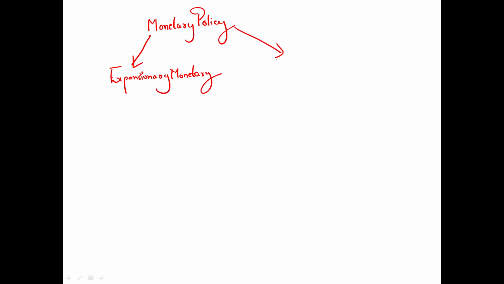So there are basically two types of monetary policy.